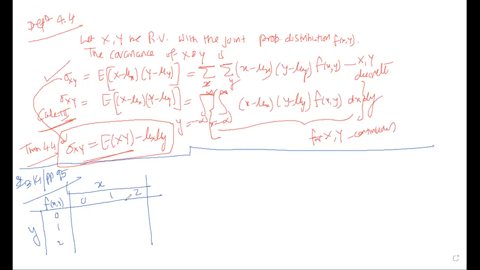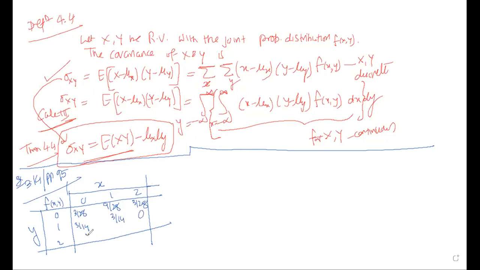And we are given here 3/28, 9/28, 3/28. Then after it is 3/14, 3/14, and 0.